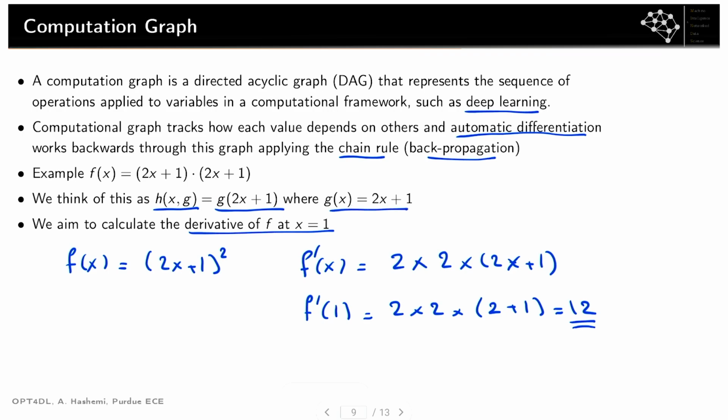It's just a function of x, and it takes x and returns 2x plus 1. It's not difficult to see that this is exactly our original function. So if I calculate the partial derivative of h with respect to x, I should be able to calculate the partial derivative of f with respect to x as well.